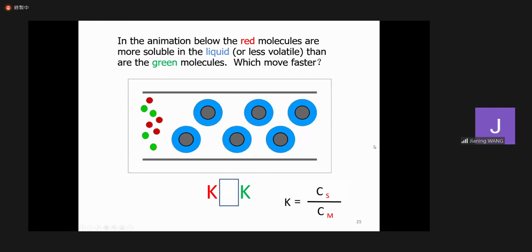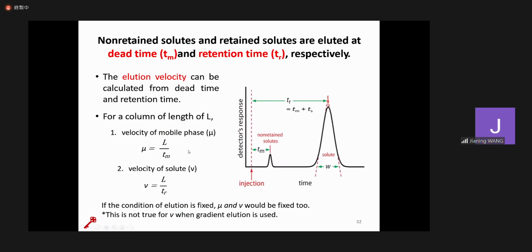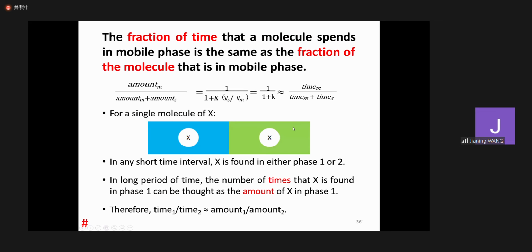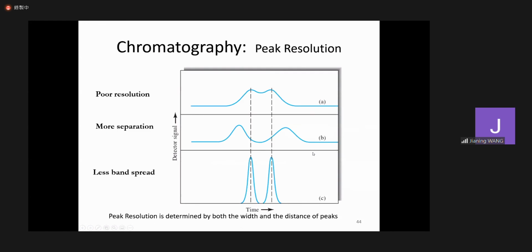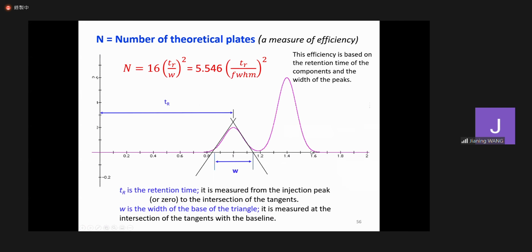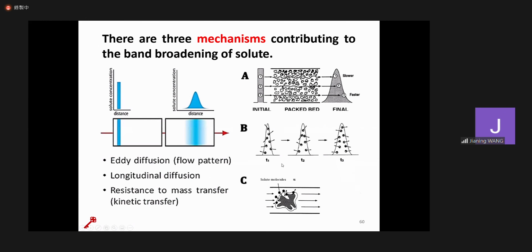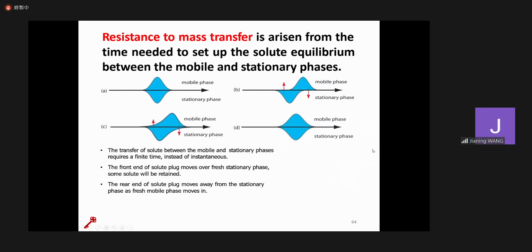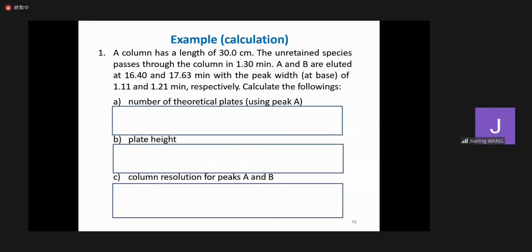You should know how to compare the K values. This is a key part. You should know the basic calculation. Then this is quite important, and this is very, very important: you should know how to draw it and how to explain it.